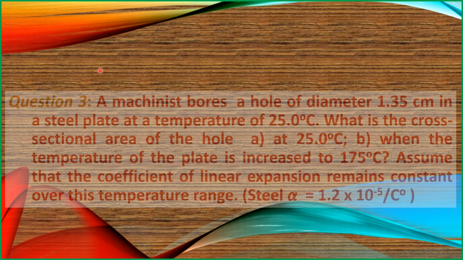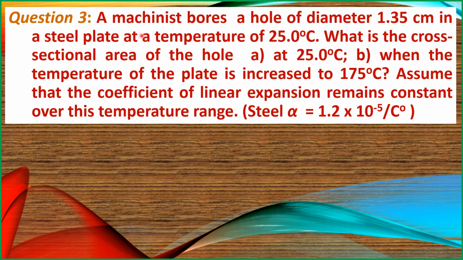Question number 3. A machinist bores a hole of diameter 1.35 centimeters in a steel plate at a temperature of 25.0 degrees Celsius. What is the cross-sectional area of the hole at 25.0 degrees Celsius?